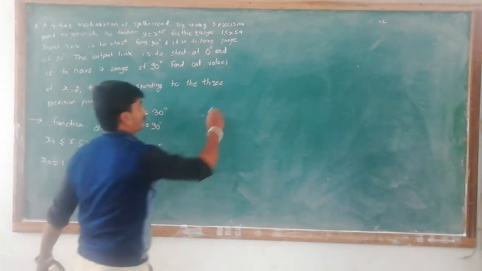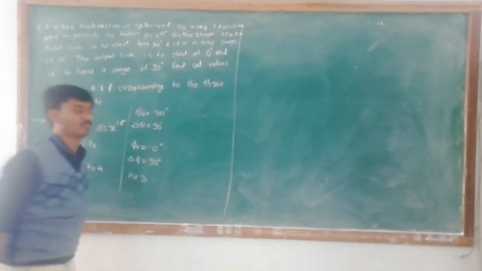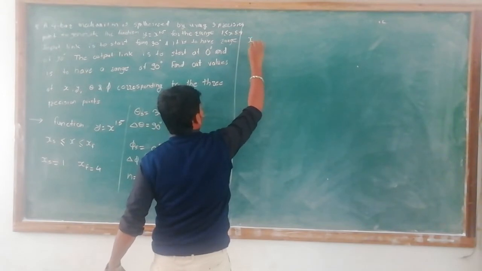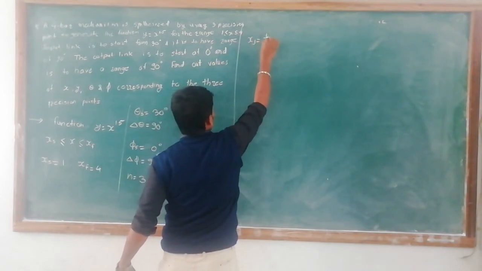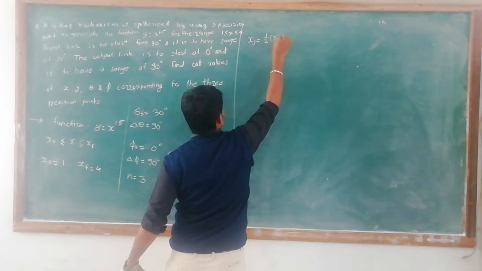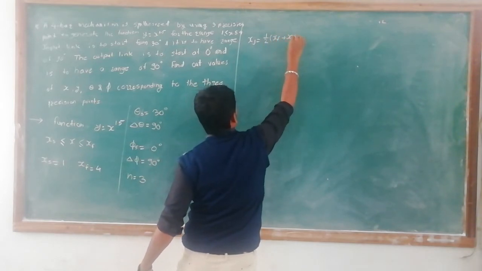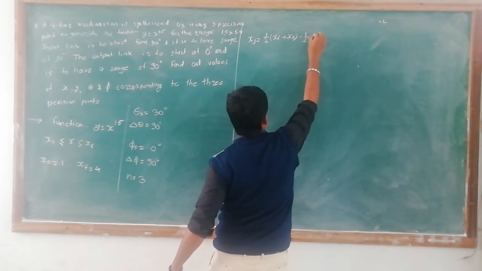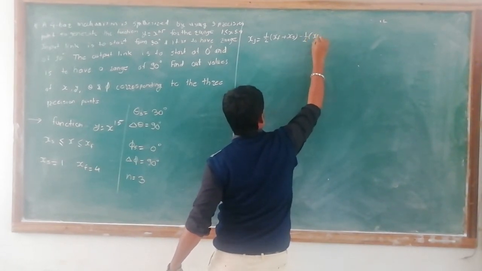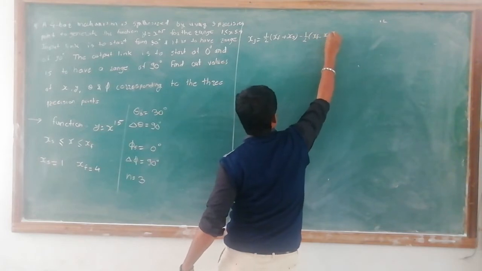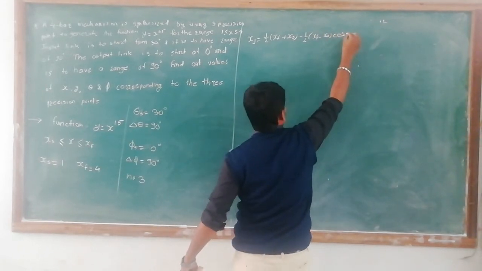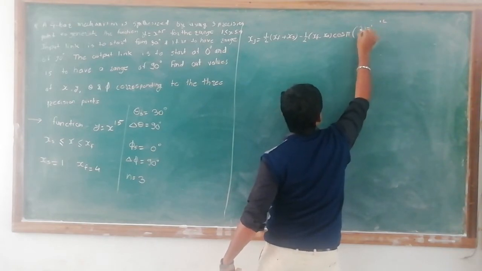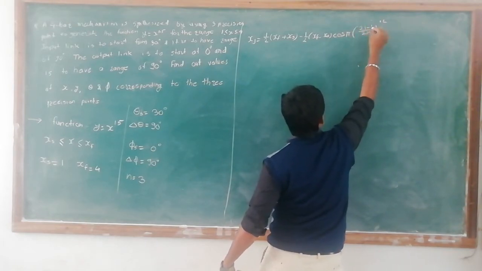We have a formula to find x: xj is equal to 1/2 into (x finished plus x starting) minus 1/2 into (x finished minus x starting) into cos of pi into (2j minus 1) divided by 2n.